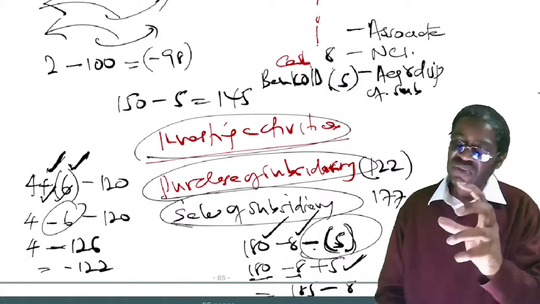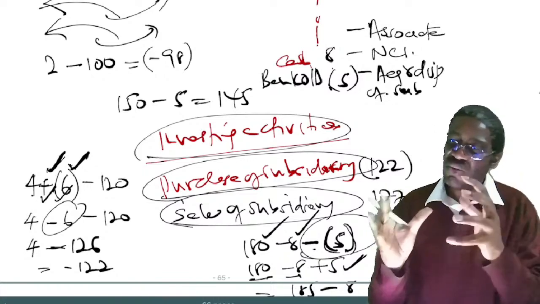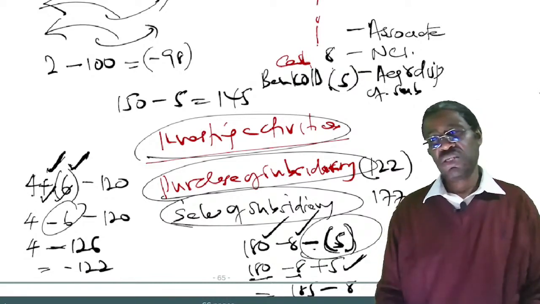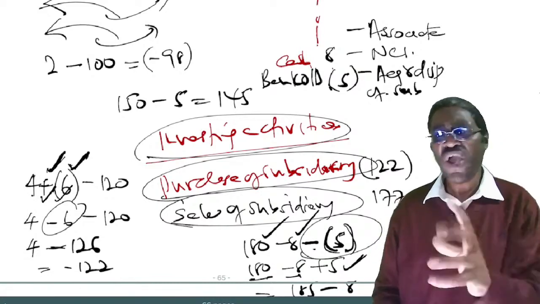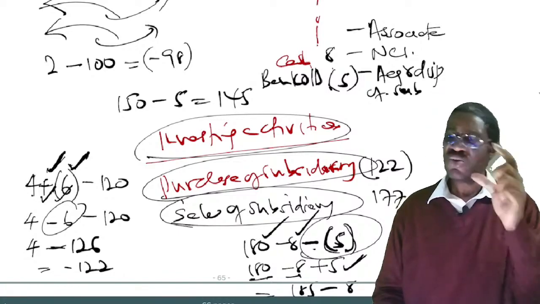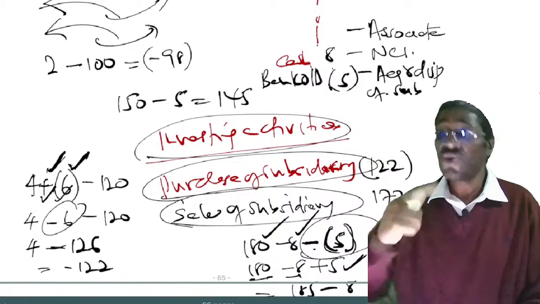So last time we discussed how to deal with an associate. When you as a group have an associate and you are required to prepare a cash flow statement, how does it affect your group?